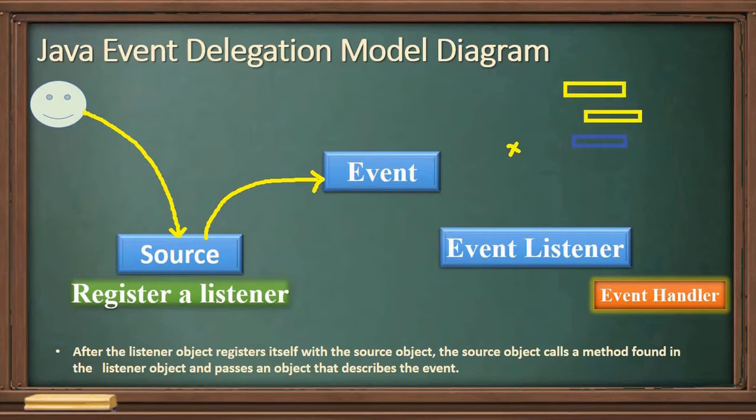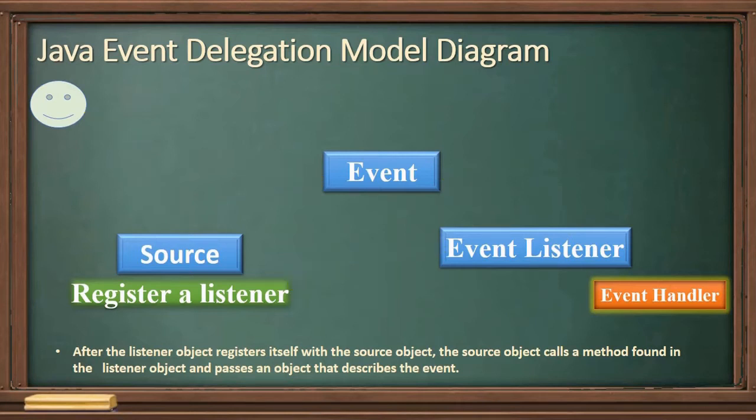Only those components which have registered with the source can listen to this particular event. The analogy is the same as that of your WhatsApp group. Only you will receive a message from your group. Others who have not registered will not listen or will not get the notification. So how does the event delegation model work in Java?